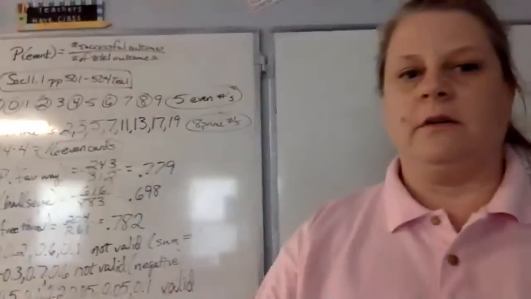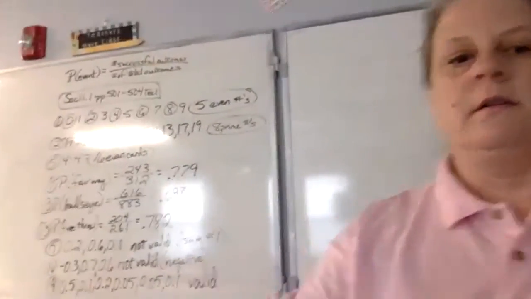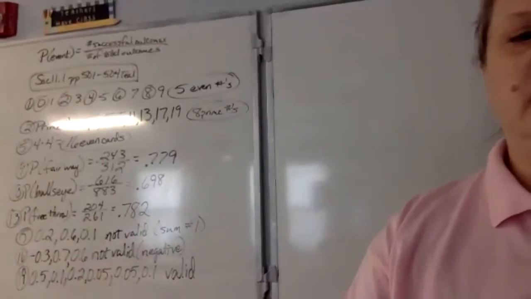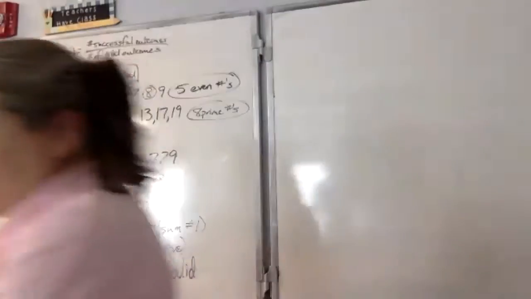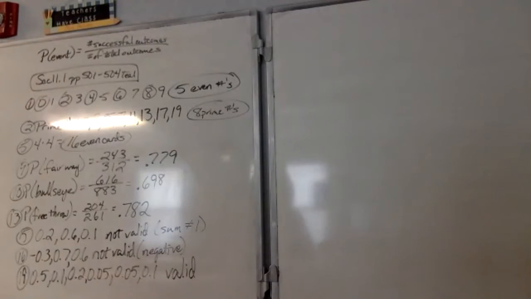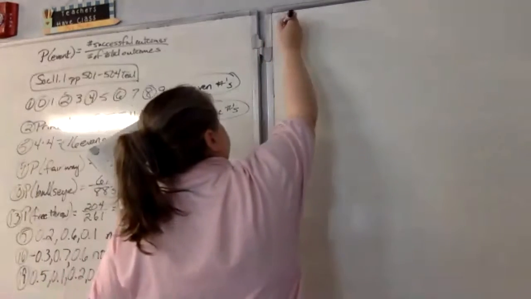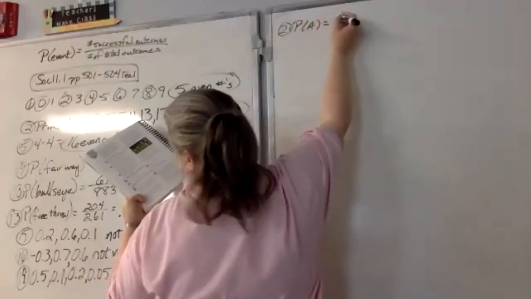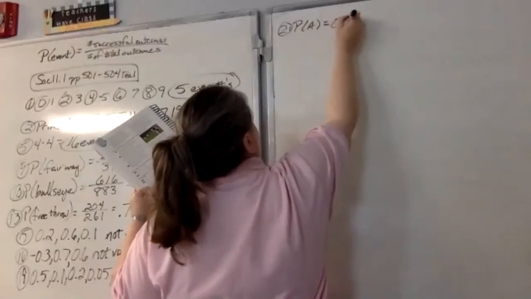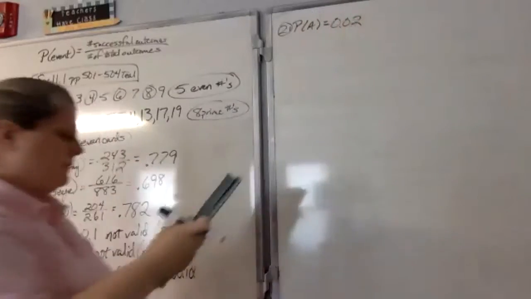We're rolling over. Okay. Number 21. Still need to see that a little bit. I'll leave that where you can kind of see. All right. So we're on number 21. The probability of A was equal to 0.02.